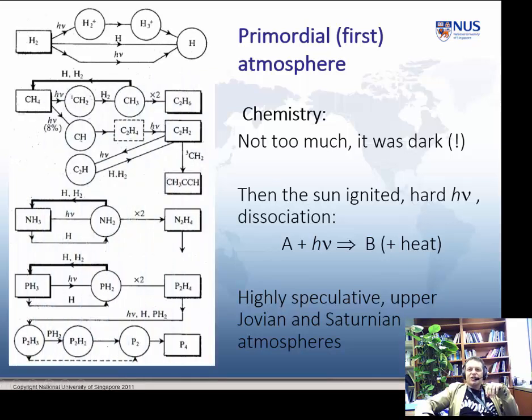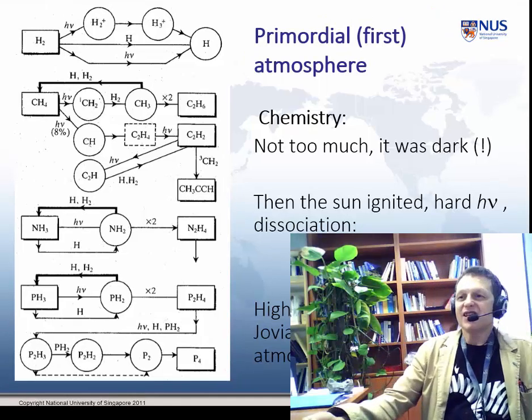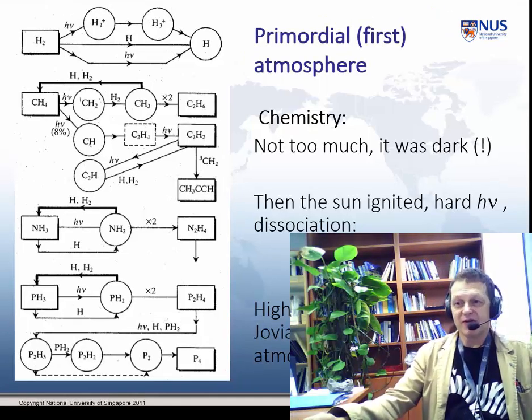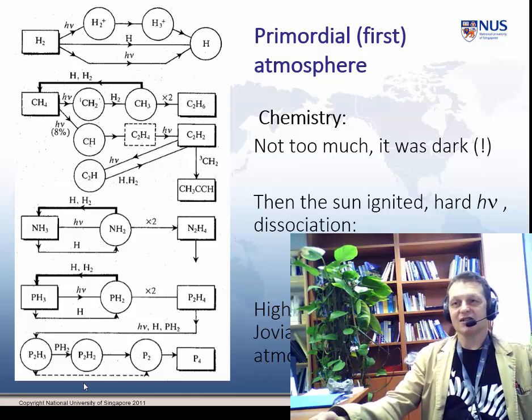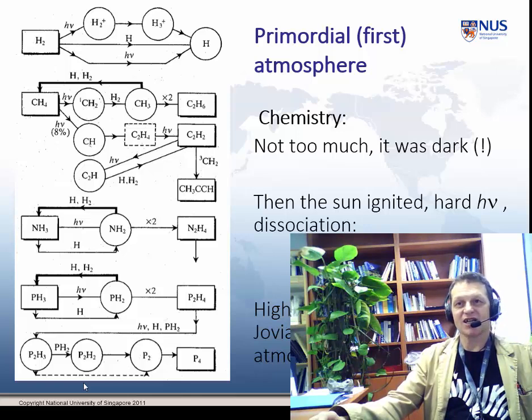But it's probably not too far from the mark, because there is no reason to think that these substances weren't there as they are in the gas planets, which effectively have nebular atmospheres. So, the thing to emphasize here, very, very speculative. It was dark, remember, when our planet started accretion and when the primordial first atmosphere sweated out.